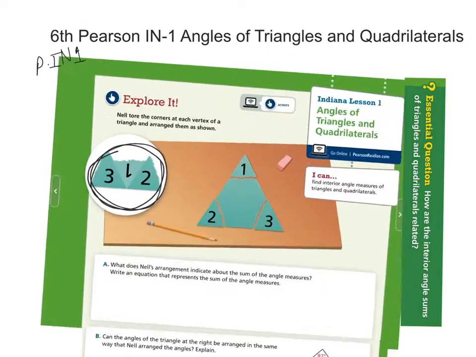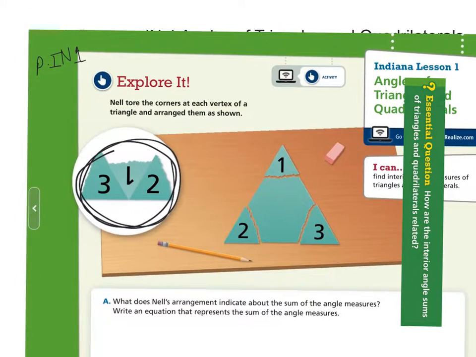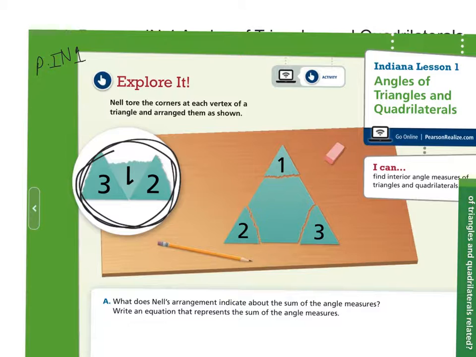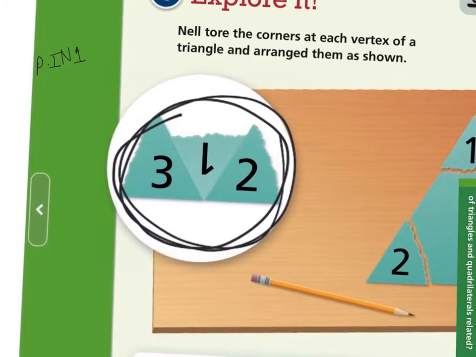So if you look at their example here, Nell tore the corners at each vertex of a triangle and arranged them as shown. What does Nell's arrangement indicate about the sum of the angle measures? Write an equation that represents the sum of the angle measures. So if you look at what they did, they tore off the corners and arranged them like this.